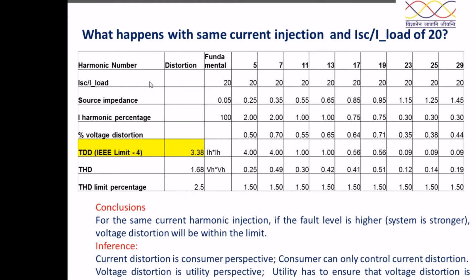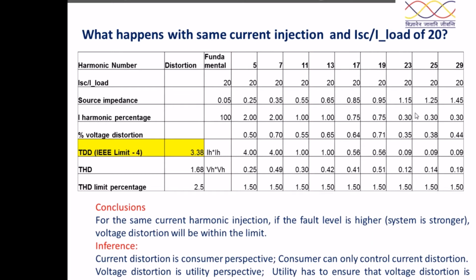The next condition is that the source has become stronger, that is, ISC by I load is 20. With this, the same type of calculation is done: the source impedance will be 1 by 20. Corresponding to the fifth harmonic, it will be 5 into 0.05. Like that, up to the 29th harmonic, the impedances are given.